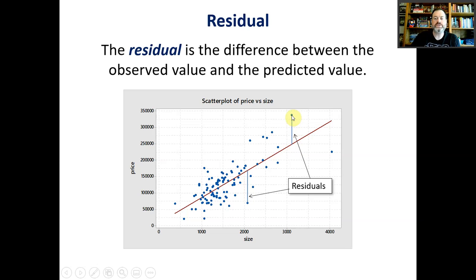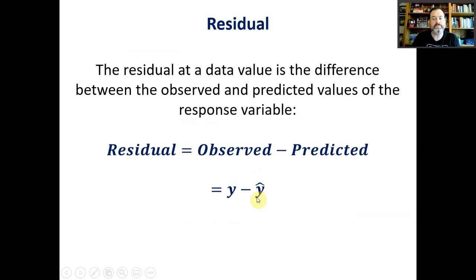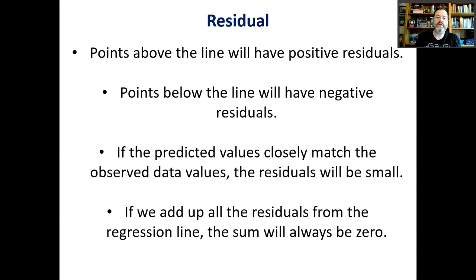So when we take this y value minus this one, we get a positive number. Down here, this one's below the line. When we take this number minus this number, we get a negative number because the predicted value is bigger. If the predicted values closely match the observed data values, the residuals will be small. So we just talked about that. Good predictions have small residuals.